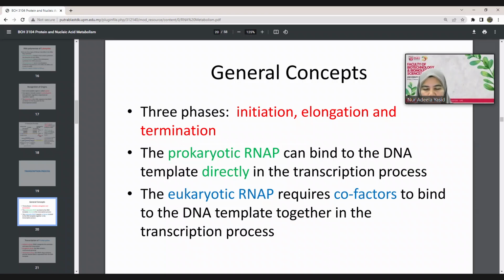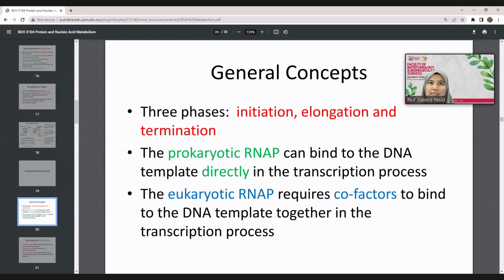I already mentioned many times that in application, you will understand these three phases through the activity of polymerase chain reaction. But here we are going to look at what these three phases mean in transcription.